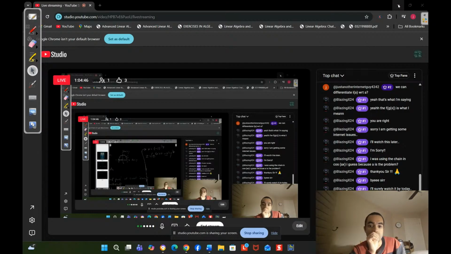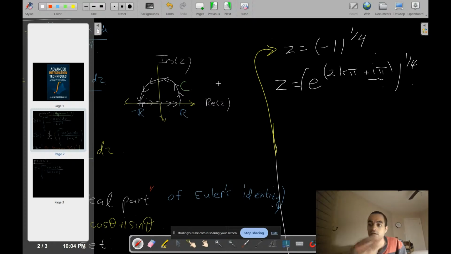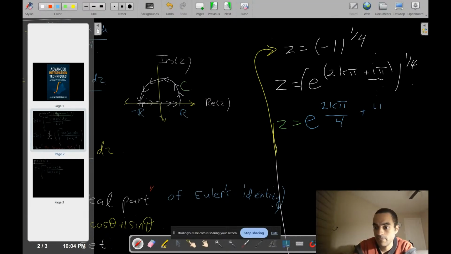All right, so this is what we have right now. The 1/4, I can bring it in. So now I get z equals e to the whole power of 2k pi divided by 4 plus i pi over 4.